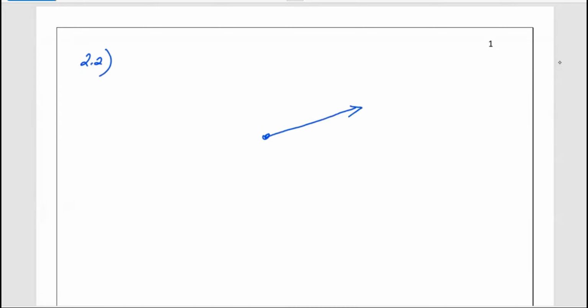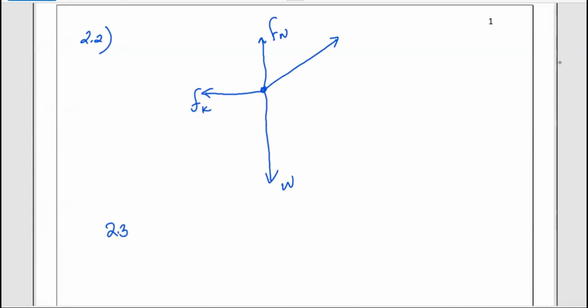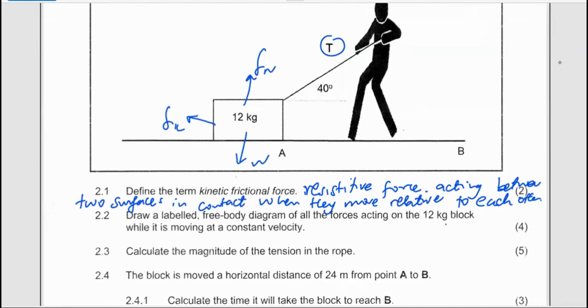The weight is downwards. And then we say the frictional force is going to be the Fk, and then we're going to have the normal force, Fn.